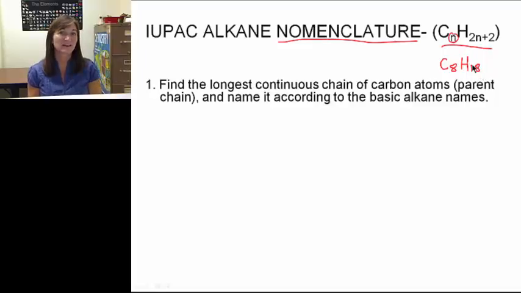So that's kind of a faster way of doing your molecular formulas for an alkane. But I won't ask you anything about that formula.